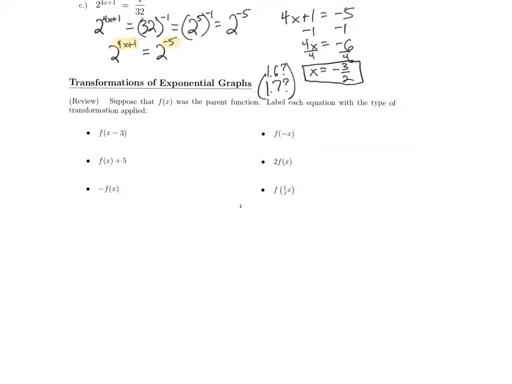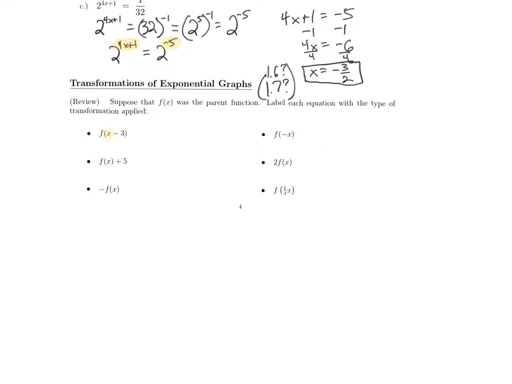The first thing I encourage you to do is take a look at whether they are horizontal or vertical transformations. This is on the inside, so it's horizontal. This is on the inside, so it's horizontal. This is on the inside, so it's horizontal. Whereas these are on the outside of the function, and therefore these are vertical transformations.